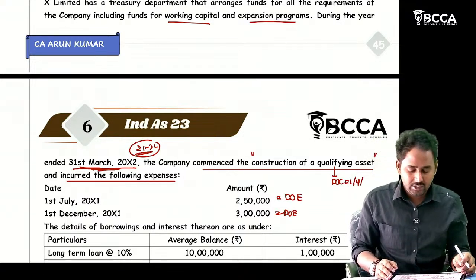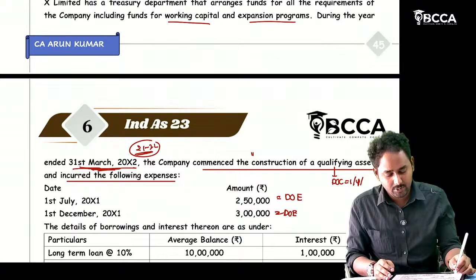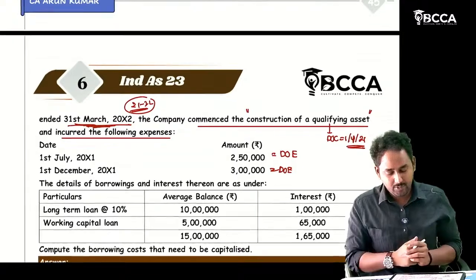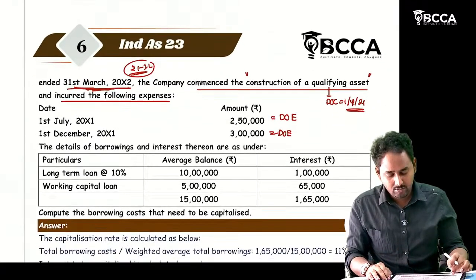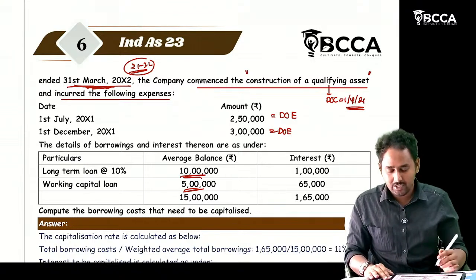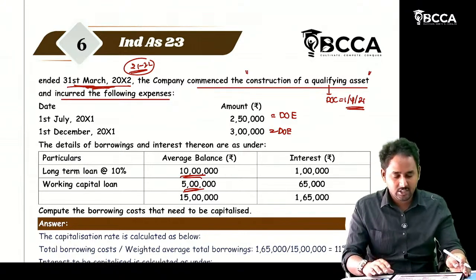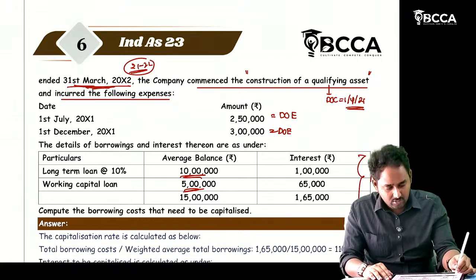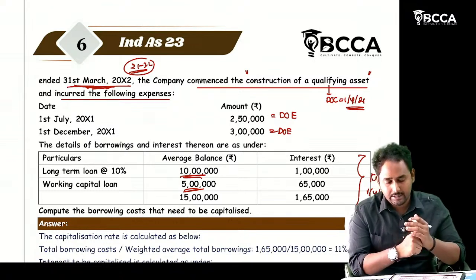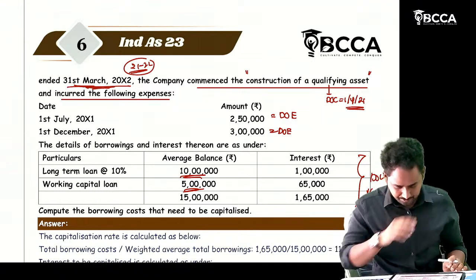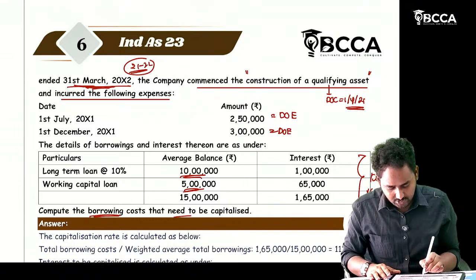It commenced the construction activities last year. So assume that if the loan is outstanding from last year, the date of taking of the loan is the beginning of the year, that is 1/4/21. Then only is it easy to find the interest for the respective year. So compute the borrowing cost that needs to be capitalized.